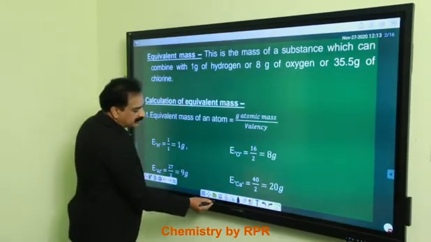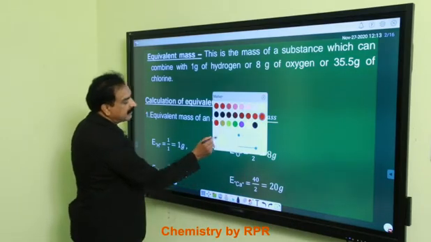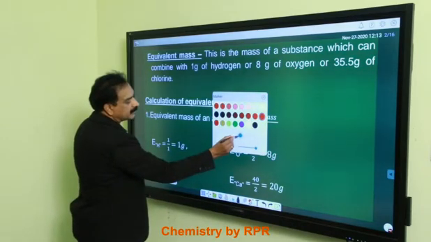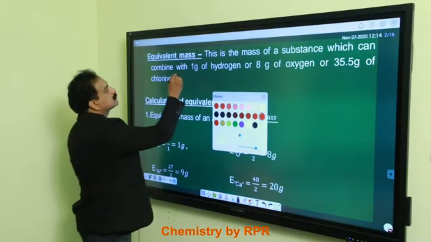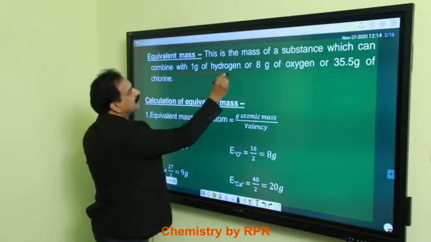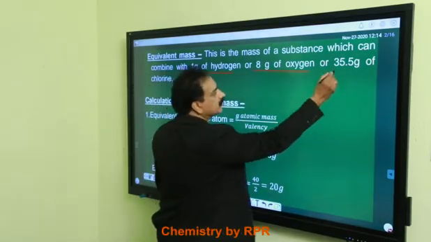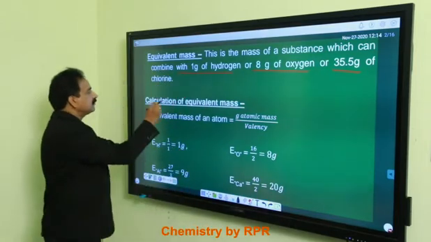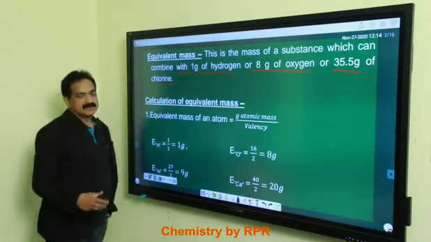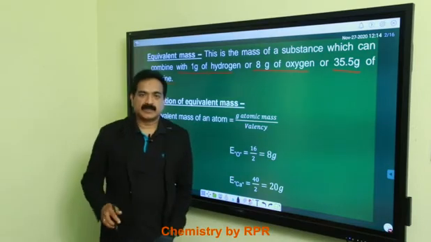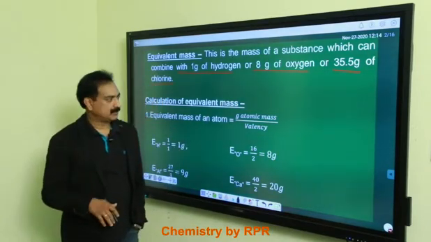That is, a substance which can combine with 1 gram of hydrogen or 8 grams of oxygen or 35.5 grams of chlorine. As such, the calculation of equivalent mass is not that tough.